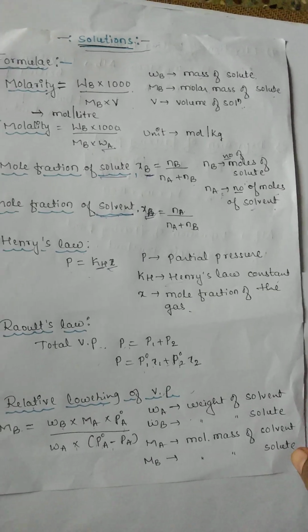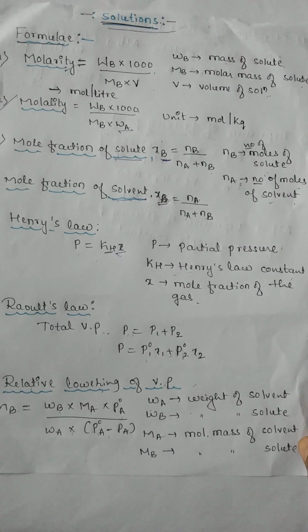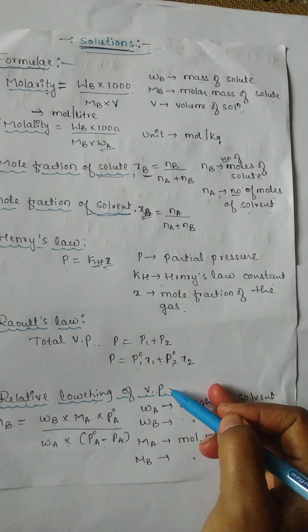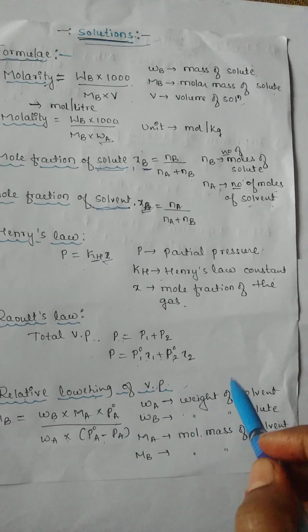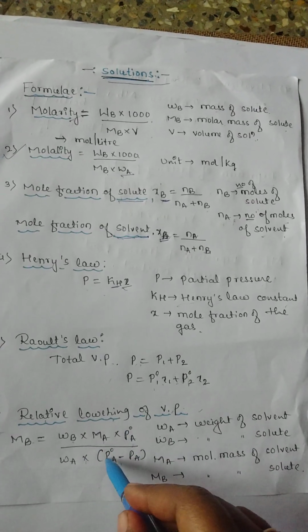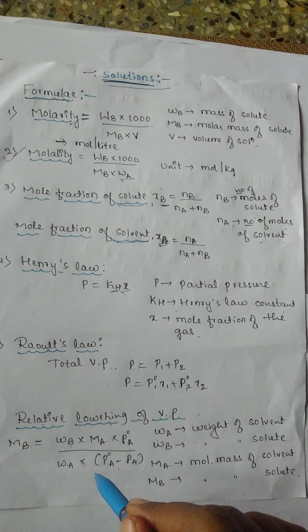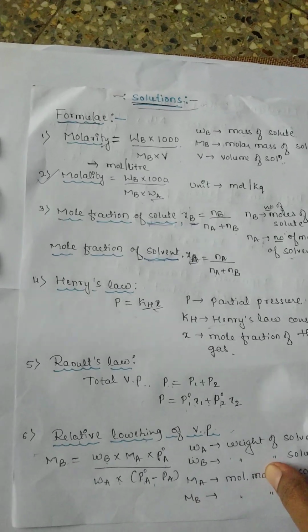So here the relative lowering of vapor pressure means when you are adding a solute to the solvent, there is a lowering of vapor pressure of the solvent in the solution. So here we are taking the difference between the vapor pressure of the pure solvent and the vapor pressure of the solvent in the solution.